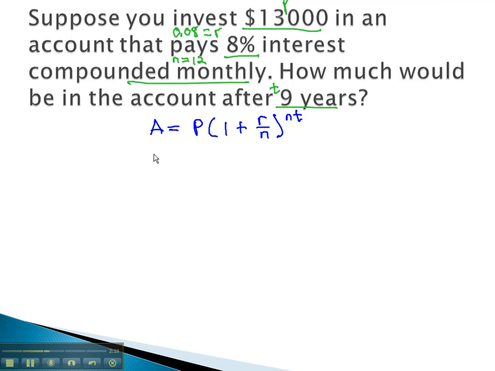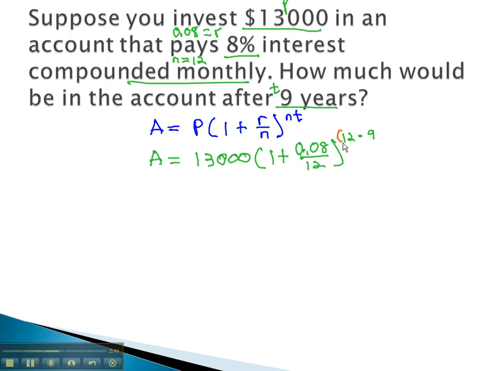This is our time, and so our equation becomes P, or 13,000, times 1 plus r, which is 0.08, over n, which is 12, to the nt, which is 12 times 9. It's very important, as you enter this into your calculator, you're careful with the order of operations.